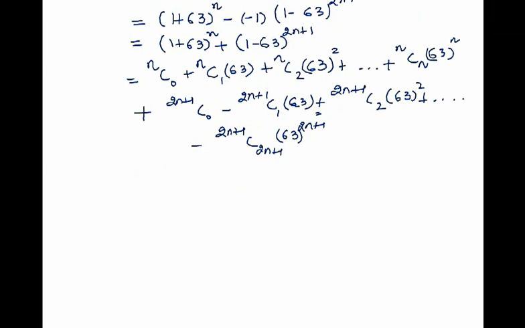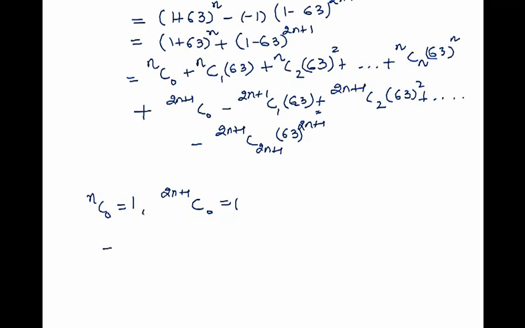Now we know that nC0 is equal to 1. Also (2n+1)C0 is equal to 1. Therefore our expression will be this one and this one will add together to become 2 plus.